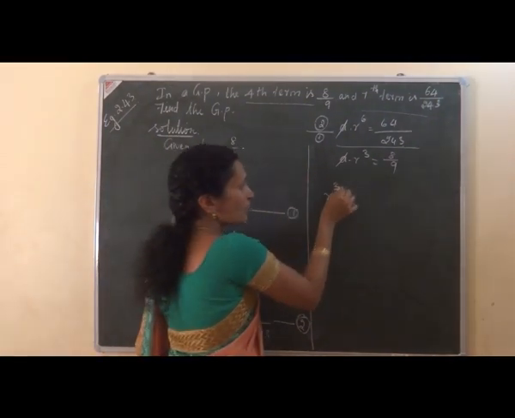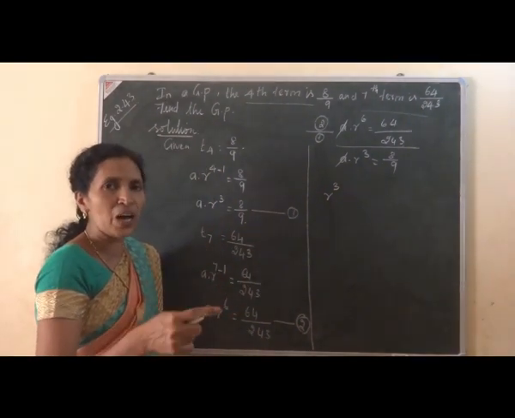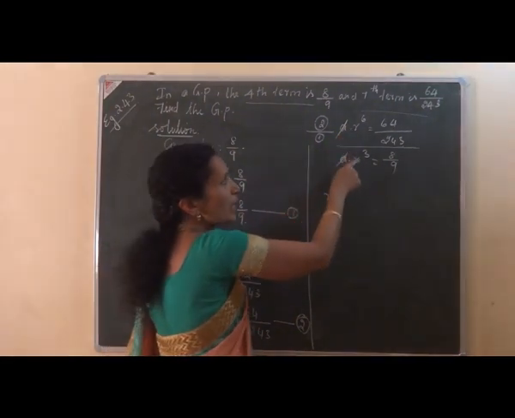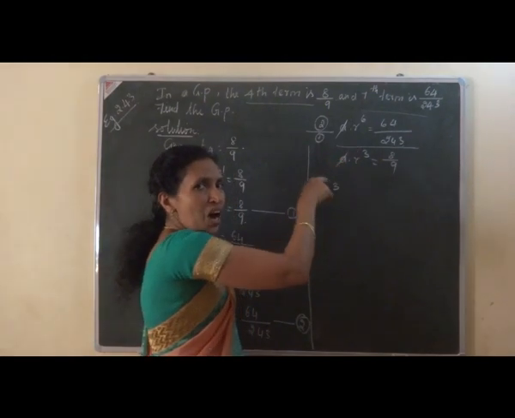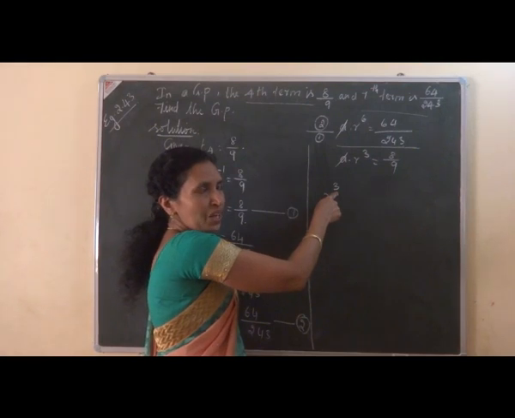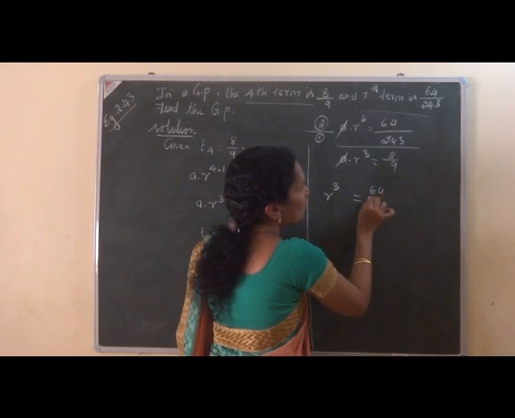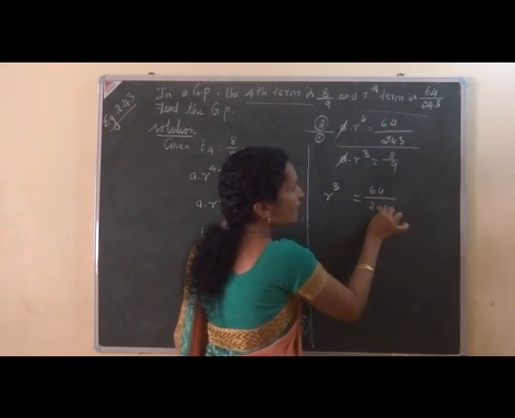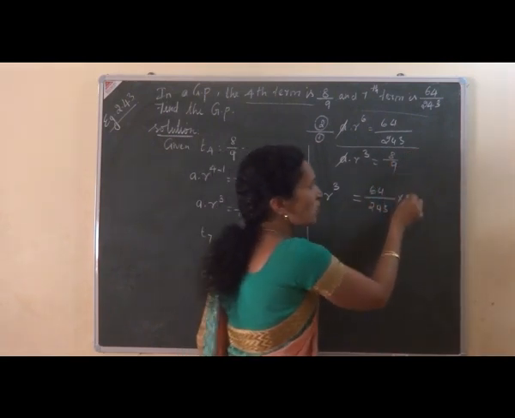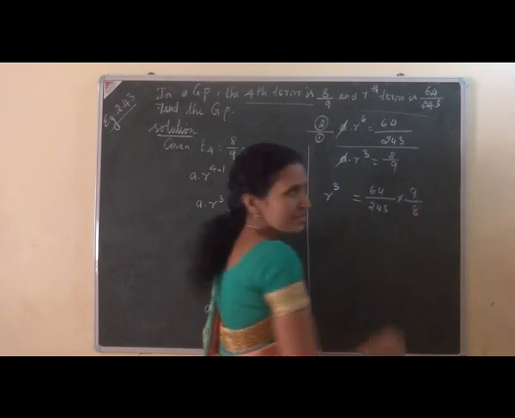R power 3, because a power m divided by a power n is a power m minus n. Here R power 6 divided by R power 3 is R power 6 minus 3, so 6 minus 3 is 3. R power 3 equal to 64 divided by 243, the whole divided by 8 by 9. So we multiply by the reciprocal of 8 by 9, that is 9 by 8.